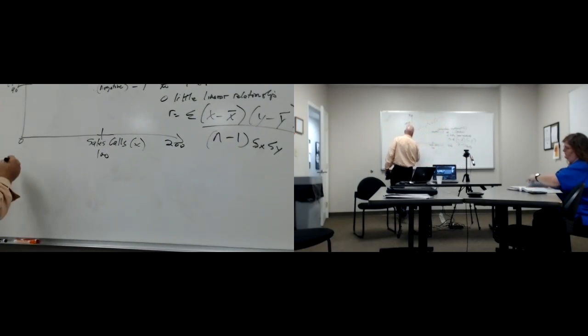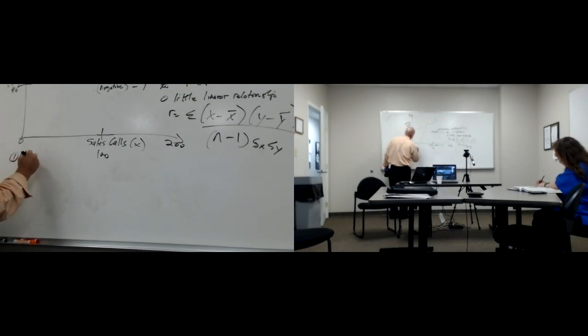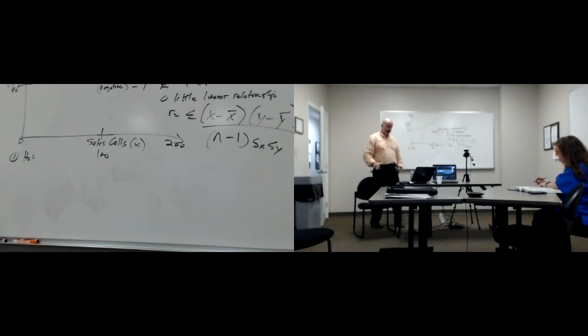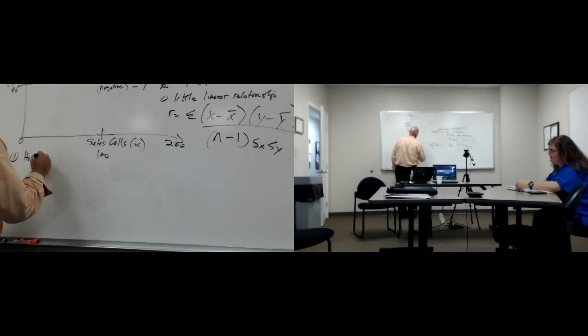Okay. So what's the first step? Establish a null hypothesis. Establishing the null hypothesis. And what is our null hypothesis? What's it asking us to test? The correlation between sample reported.